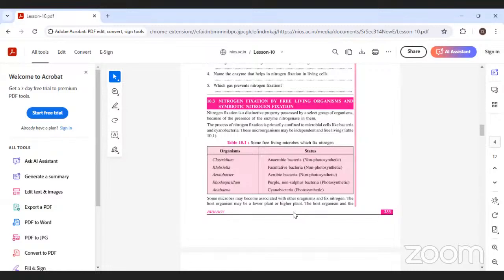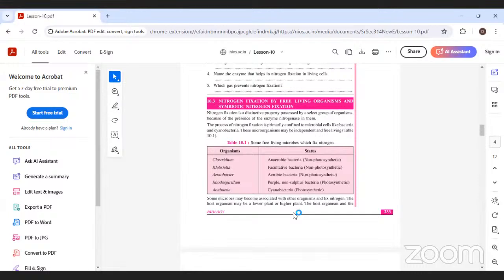First one is Clostridium, a free living anaerobic, non-photosynthetic bacteria. Second, Klebsiella, a facultative, non-photosynthetic bacteria.